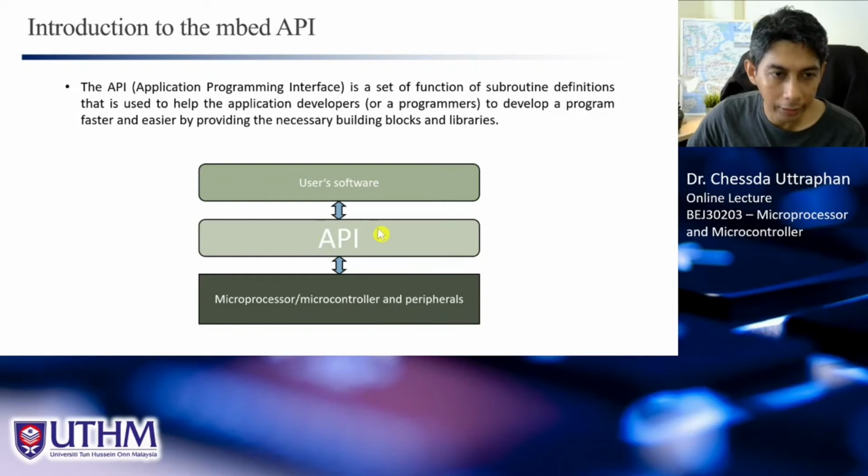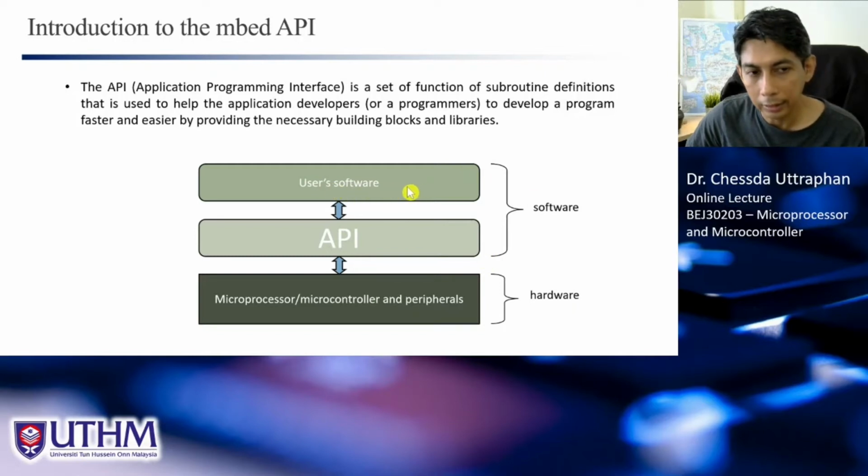So the API is the interface between the hardware and the software. This part is hardware, and the API and of course the user software is the software part. This is the medium of communication between our program and the hardware and the microcontroller.